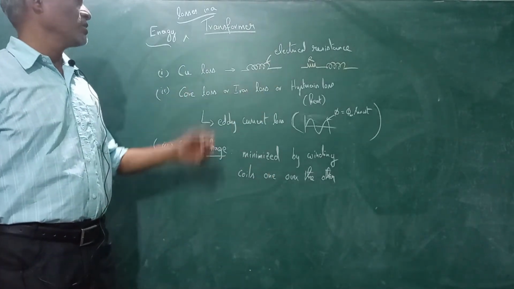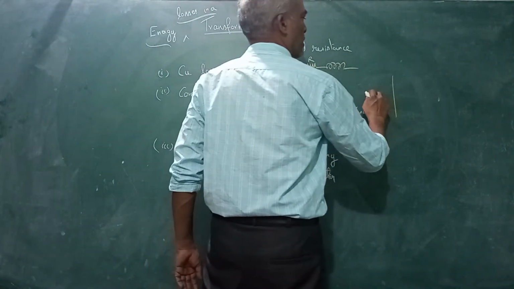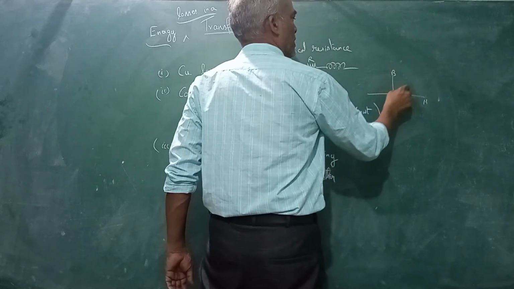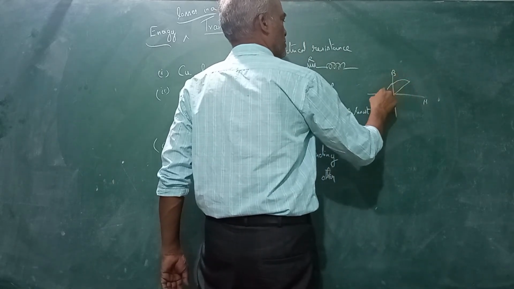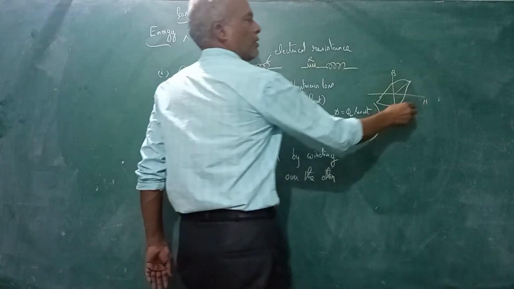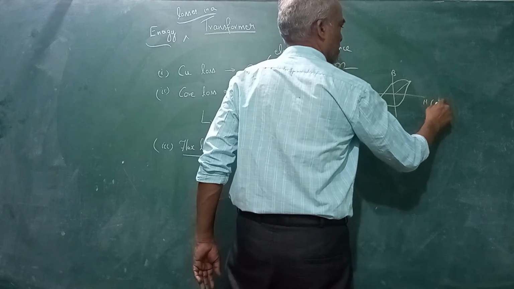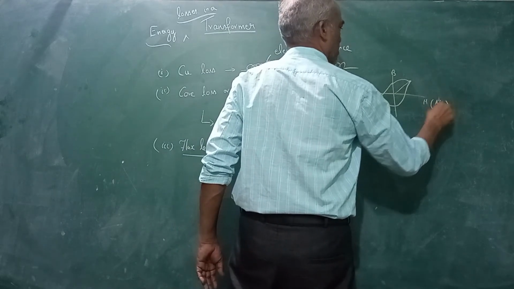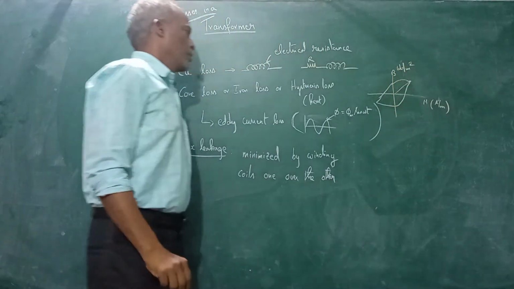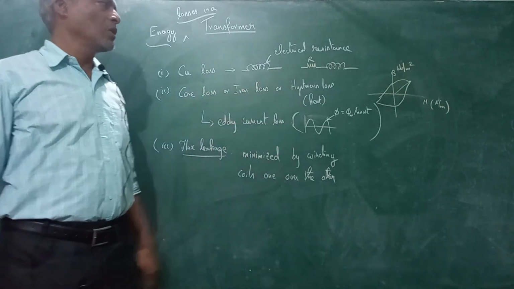Next one is core loss, or iron loss, or hysteresis loss. The hysteresis curve will be like this, H and B. It rises, falls, goes back like this, comes again and joins here. H is the intensity of magnetization in amperes per meter, and magnetic flux density is in Webers per meter square. Now core loss means iron loss or hysteresis loss.